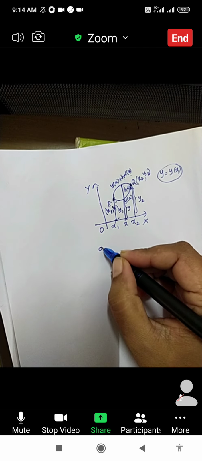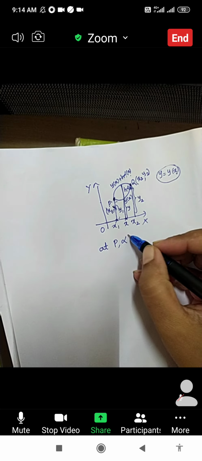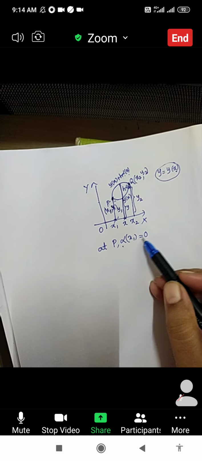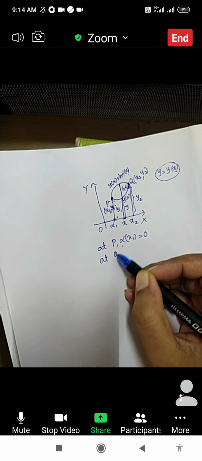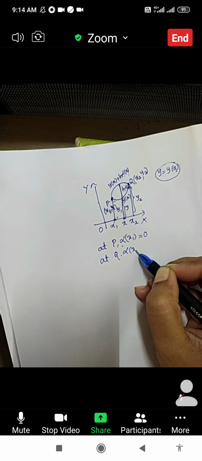Now, while taking this neighboring curve, we will put one condition. The condition is, at P, if you take the value of alpha of x1, just take it as 0. Similarly, at Q, you have the x2 point, so take alpha of x2 as 0.